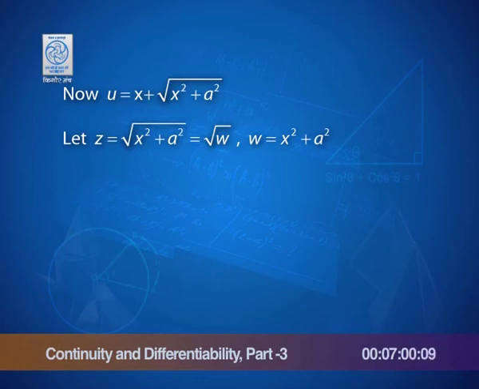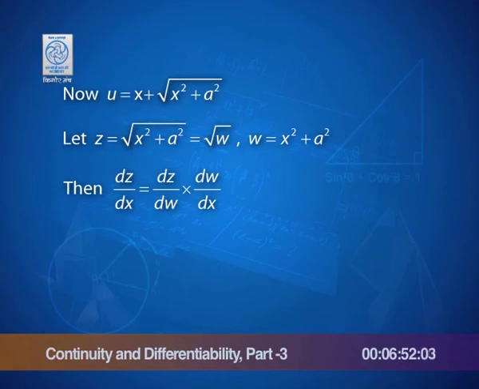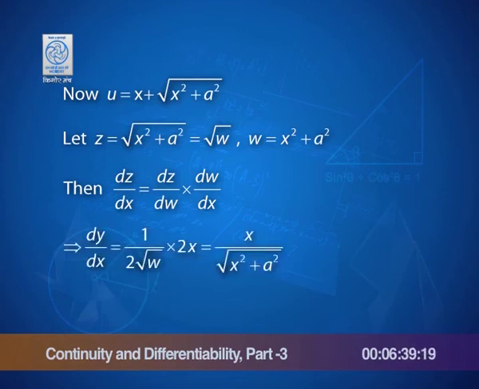Are we ready then to find what dz by dx is going to be? So, dz by dx, that is the derivative of z with respect to x, is nothing but the derivative of z with respect to w into the derivative of w with respect to x, and that is nothing but 1 by 2 root w into 2x.